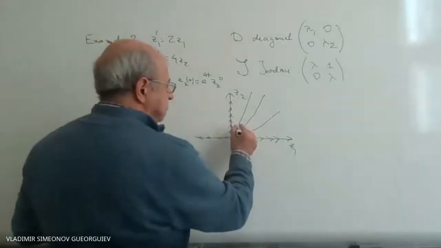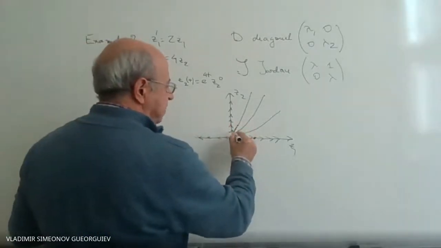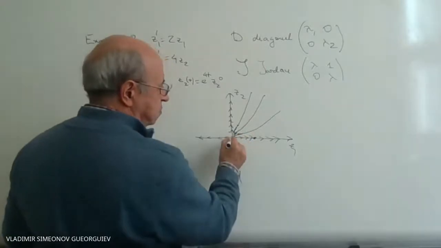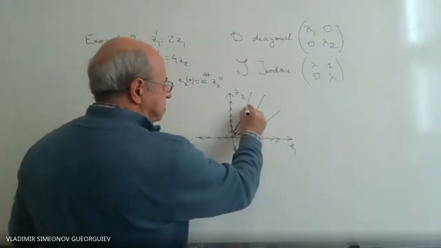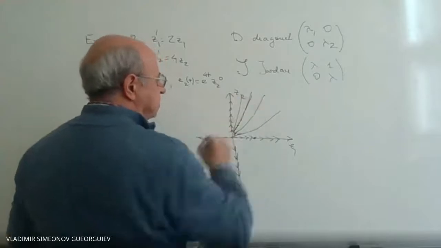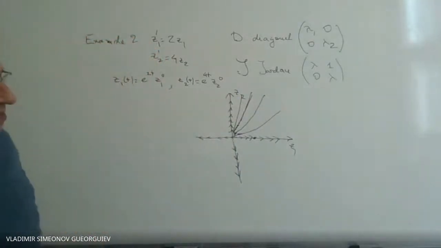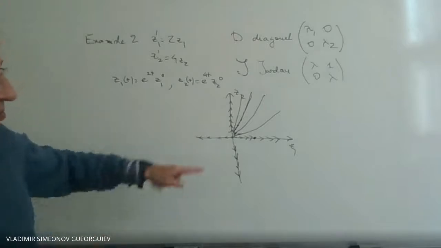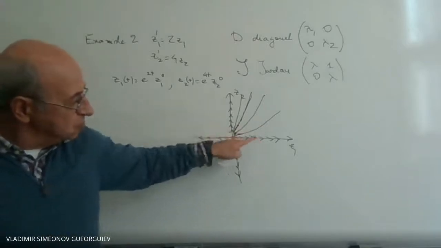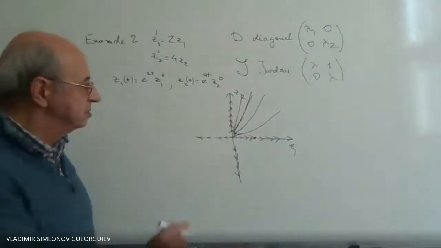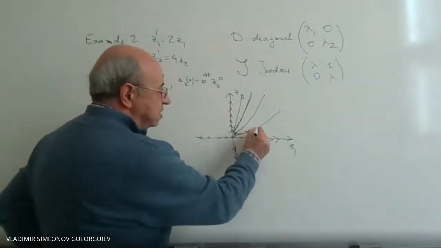Therefore, the paths of our curves are closer and closer to these points. But they look like this. Let us try to make the arrows. And the arrows are clear because when this is close to this, we have to build arrows very close.